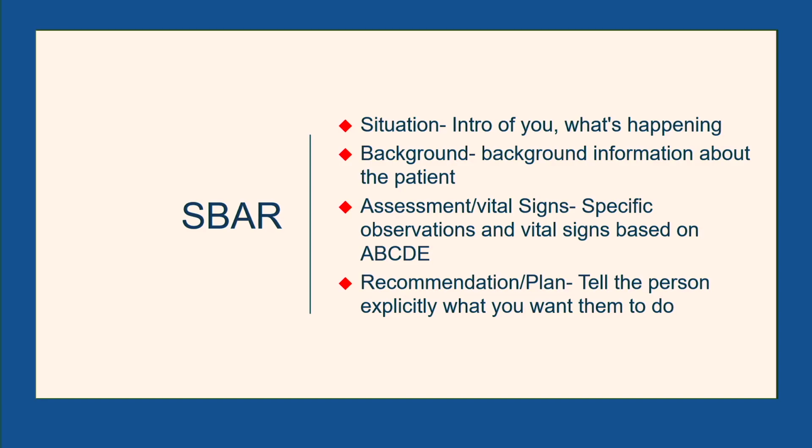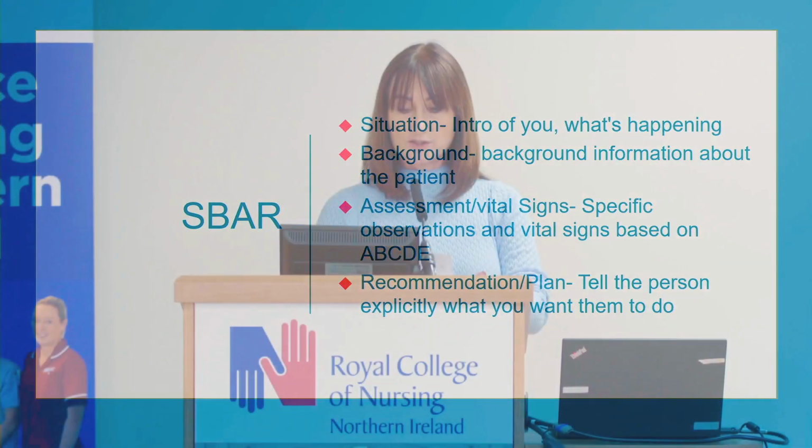My assessment then is going through your airway, breathing, circulation, disability and exposure, and we'll explain disability and exposure a bit more as we go on. So my assessment is airway. He can say a few words. Breathing, his respiratory rate is 24. His oxygen sats are 90% on high flow oxygen. His pulse is 110. His blood pressure is 160.